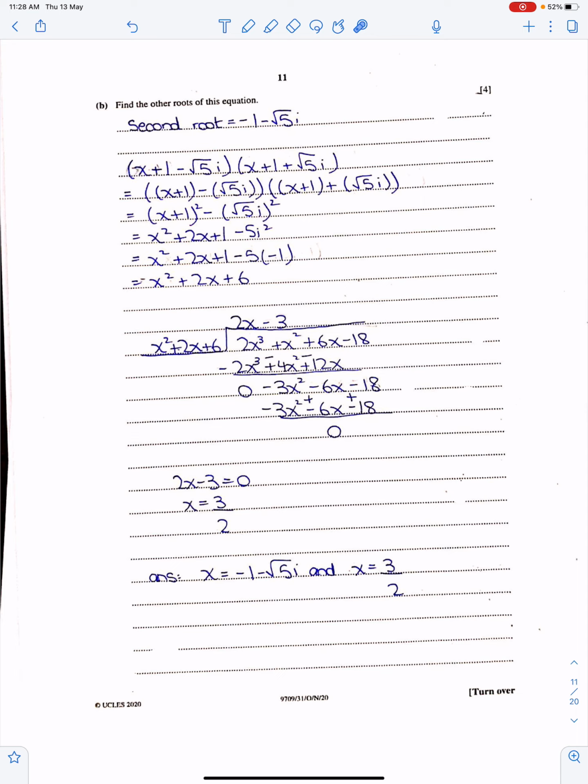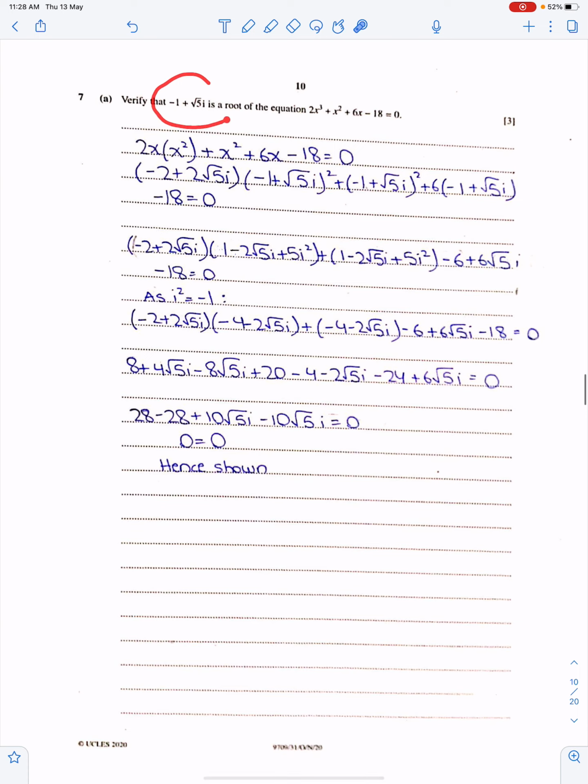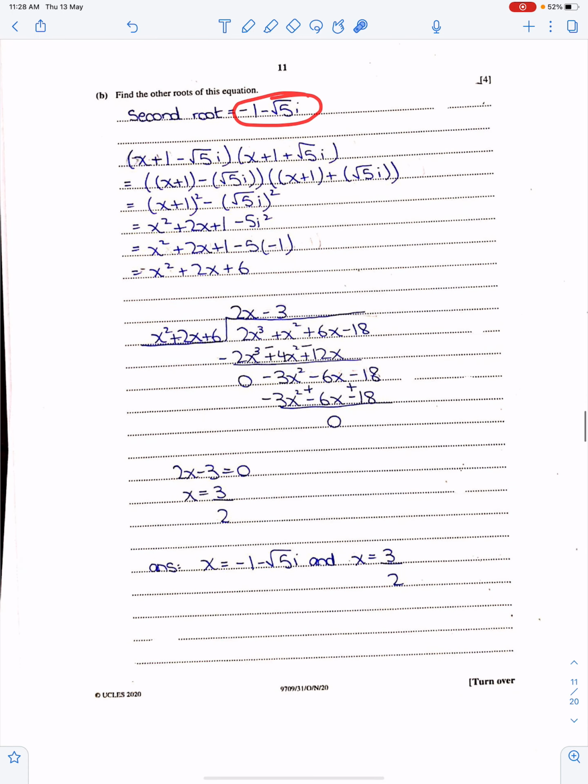And for that, we must use this answer and this answer to get a quadratic factor. So by using these two roots, this root is here and the previous root is here. By multiplying these two, we have this quadratic factor. Now we have to use long division.